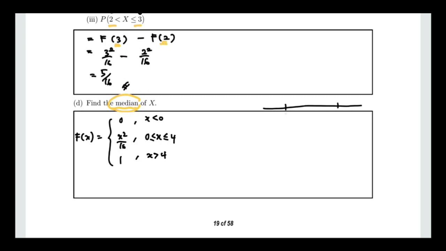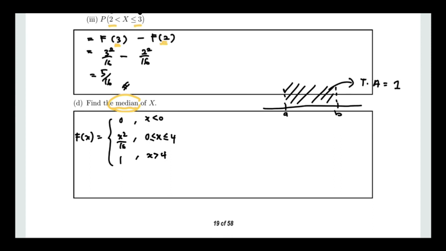Let's say the function is bounded from A to B, and this is the area. Since the total area should be 1, the median means the value of x that cuts the area into half.